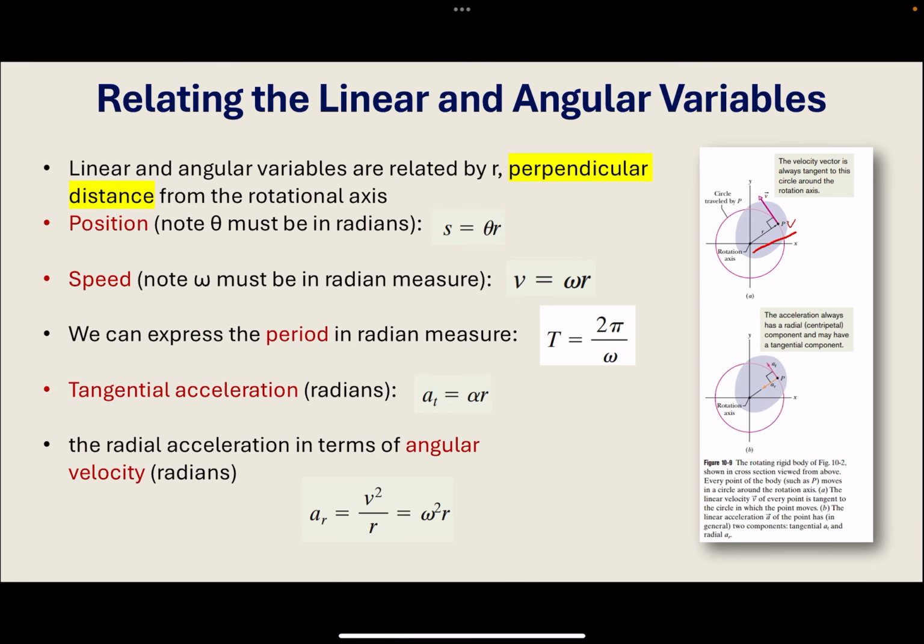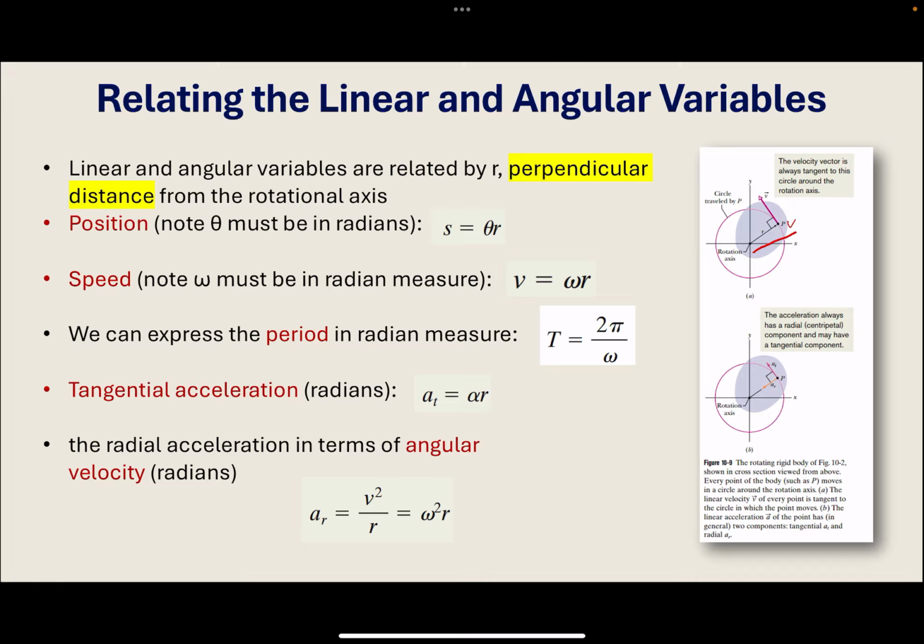Now let's discuss how linear motion and rotational motion are related. This is a key idea because every point on a rotating body actually moves in a circular path, which means it also has linear motion.